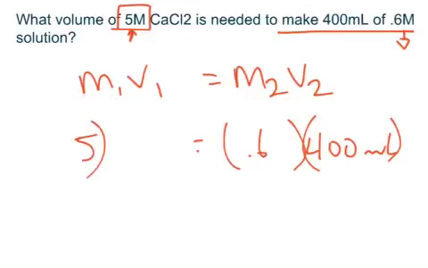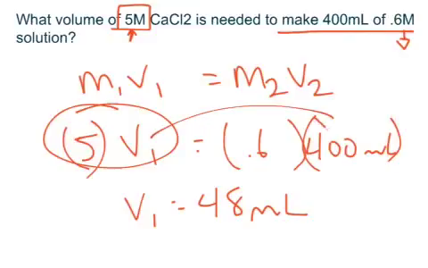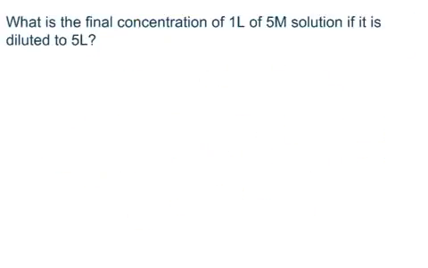We started with 5, but we don't know how much we started with. Multiply and divide. The answer is 48 milliliters. So that means we take 48 milliliters of this, add it to an empty beaker, and add water until we have 400 milliliters. And that takes the concentration from 5 down to 0.6.